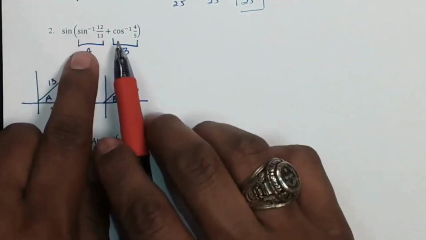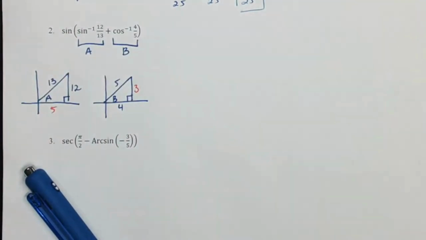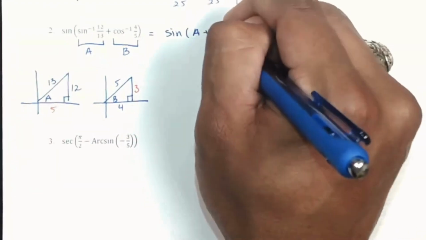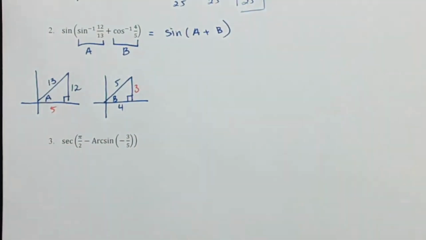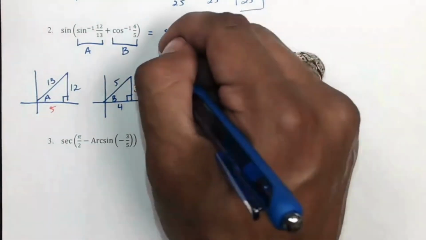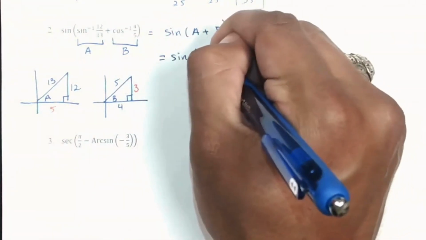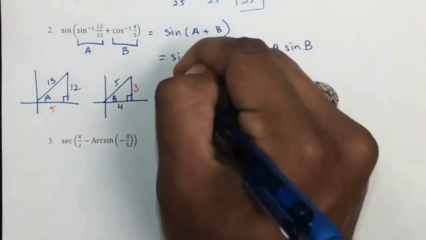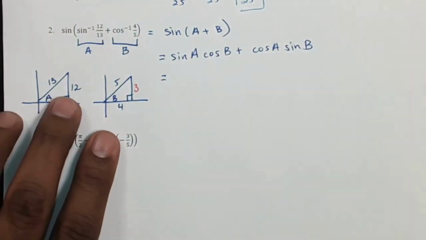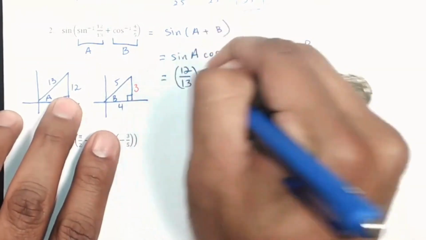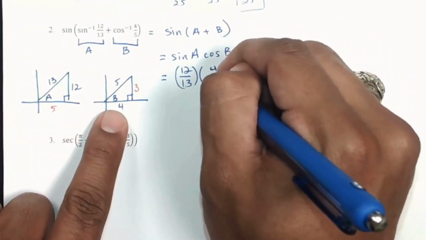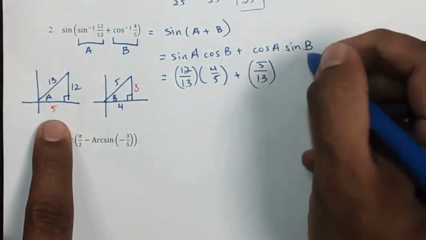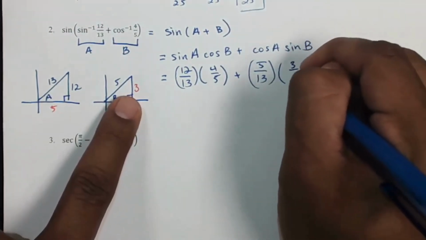So again, each inverse or arc gives me an angle, and I just called it something familiar so that whenever you see this, it's just sine of A plus B. Do I know an identity for a sum of 2 angles? Yes. It's SCSES. So sine of A cosine B, same sign, cosine A sine B. Now we just look at our triangles: sine of A is 12/13, cosine of B is 4/5, cosine of A is 5/13, and sine of B is 3/5.